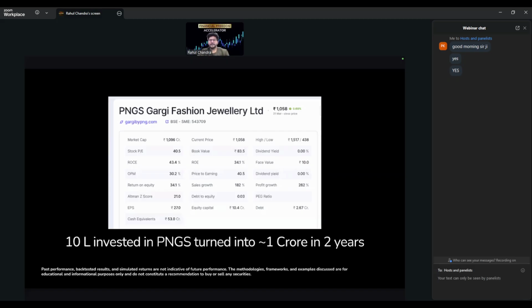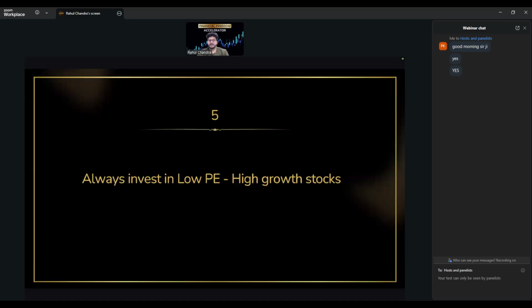And we have discussed across these first five checklist points the key features we should look for when we are trying to enter a stock: doing a sectoral analysis, looking for a profit uptrend, making sure we do not enter loss-making stocks, staying away from commodity stocks, and always trying to invest in low PE and high growth stocks.